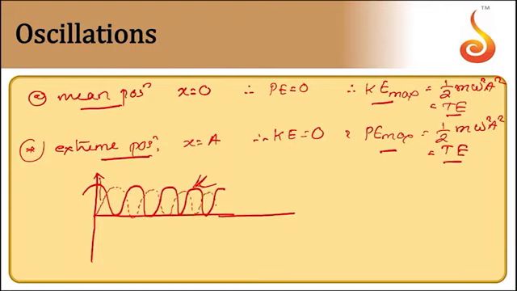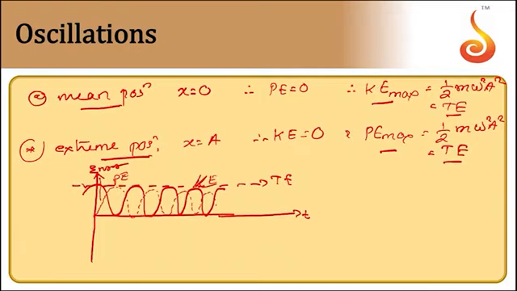So the dotted lines represent potential energy, while this represents kinetic energy. You may notice that the total energy remains constant here. Thus, if I draw the graph of energy versus time, we can show all the three in one particular graph, right? So this is how you show the energy distribution.